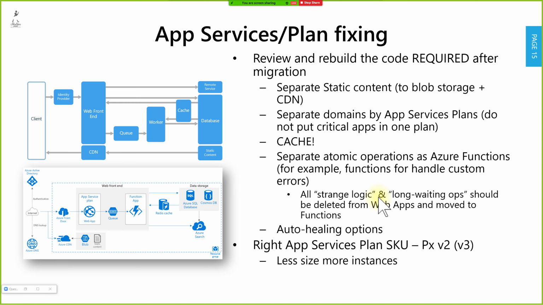And really important, back to the architecture again, separate atomic operations as Azure Functions, as web jobs, etc. For example, the functions that handle the custom errors. We had this issue with the previous code. Just imagine that the application changed a lot. The structure of the website changed a lot. It's a lot of different structure that should be maintained by the application inside.